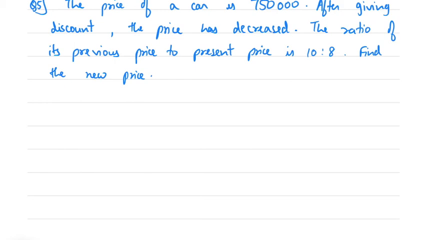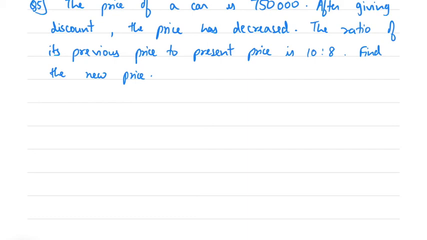The price of a car is 7,50,000. After giving discount, the price has decreased. The ratio of its previous price to present price is 10 is to 8. Find the new price. Very simple it is. Okay. So the price of the car is 7,50,000. After the discount, the price has decreased.